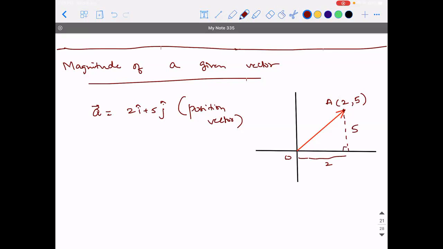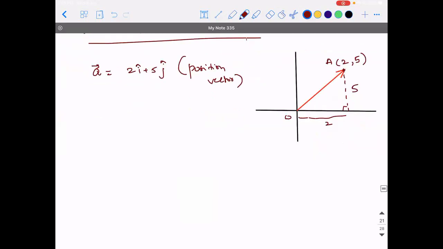Aren't you able to see a right angle triangle? Wherever a right angle triangle is involved, to find the distances, what theorem are we going to apply? It is always Pythagoras theorem. So OA square is equal to OB square plus BA square. Accepted?